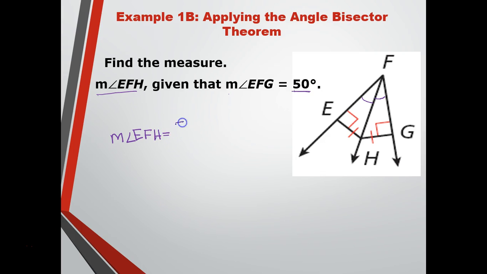I'm going to go ahead and write that out, 50 divided by 2, because we are splitting that in half. And so that is going to give us 25 degrees. And we're done with that one.